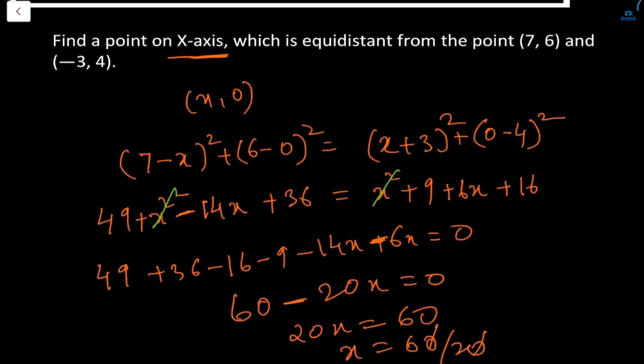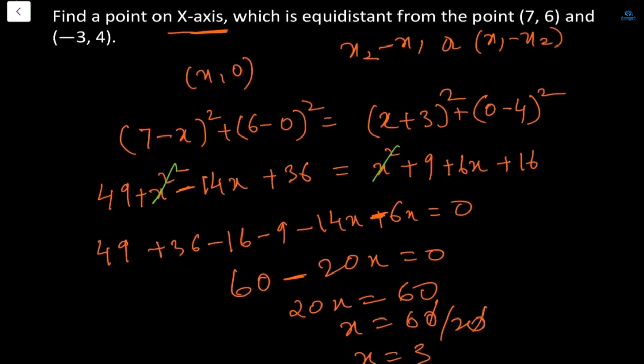But I think the answer should come the same, whether you write x2 minus x1 or x1 minus x2. Yes, ma'am, I also got the same answer. Check, maybe somewhere there is a mistake. Ma'am, instead of subtracting 16 from 76, I subtracted 26 from 76. That's why I got it wrong.